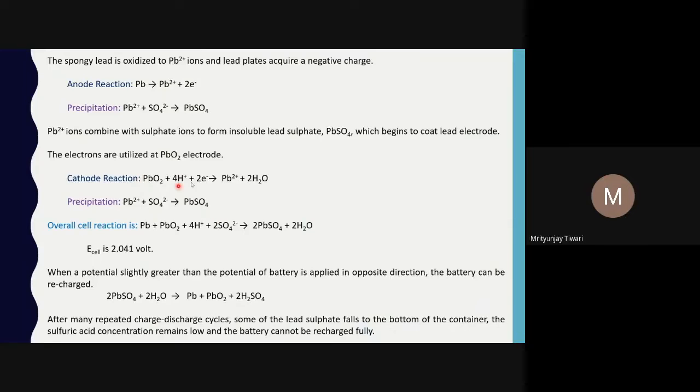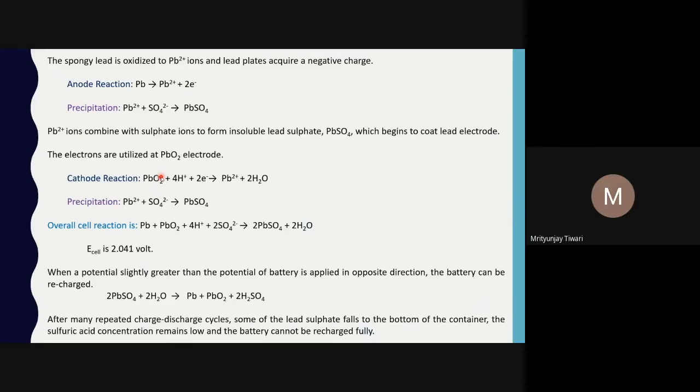What is important to understand here is that in both cases lead 2 plus ions are formed. So how will we know which is oxidation and which is reduction? Here you can simply see the oxidation number going from 0 to 2 plus. So this is oxidation. In the case of the cathodic reaction, we use lead 4 oxide, PbO2. This is an oxide; each oxygen has a 2 negative charge, so 2 oxide ions.